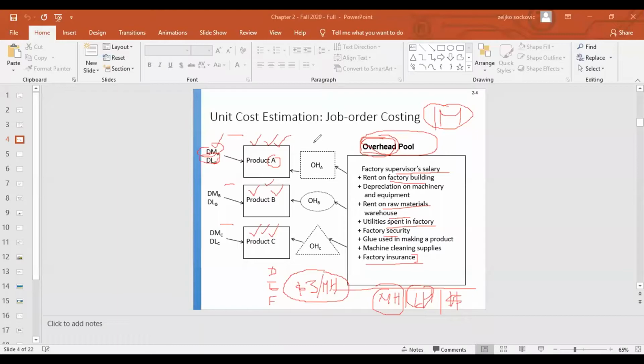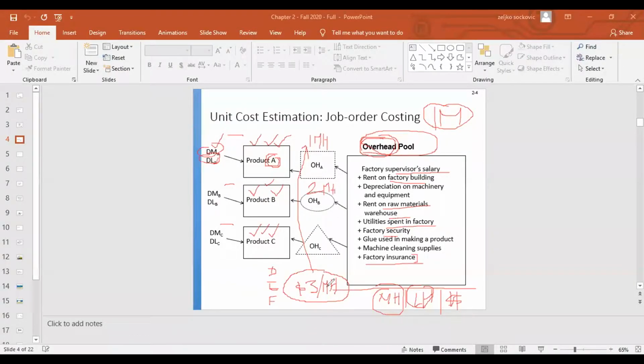Well, this product is using only one machine hour. Well, if it's using only one machine hour, then $3 times one machine hour is 3, right? So you would basically assign $3 to product A. Now, product B is using 2 machine hours. It's dress shoes, takes a little bit more time.